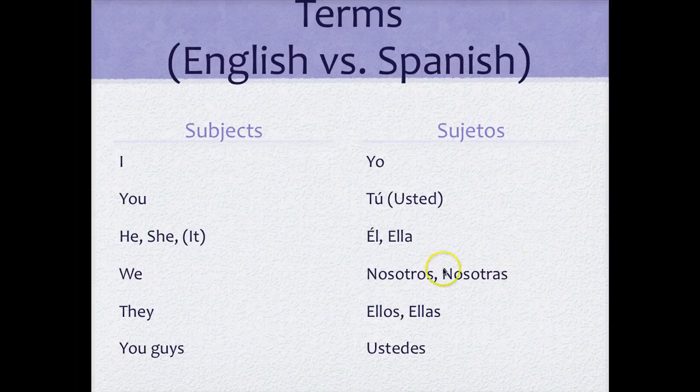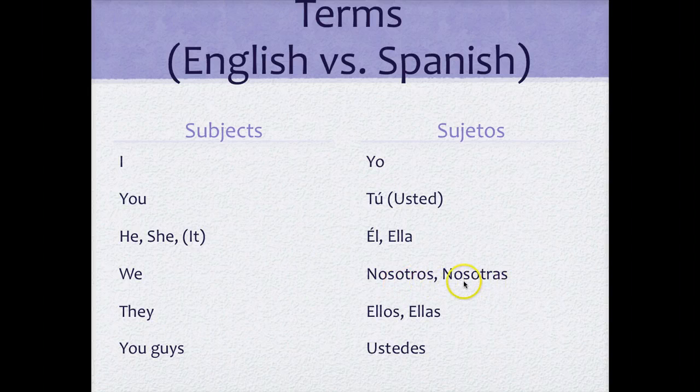The next form is we, which we have nosotros, and in Spanish you'll notice that this ends with an O, nosotros, and that is relating gender. And essentially we use this form of nosotros when we are talking about a group of all men, we as a group of all men, or a mixed group of men and women.